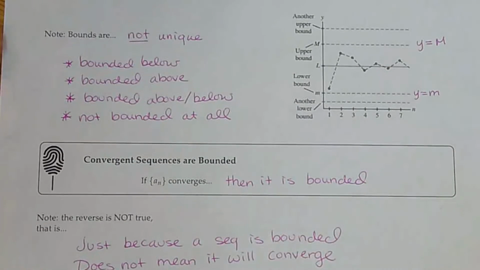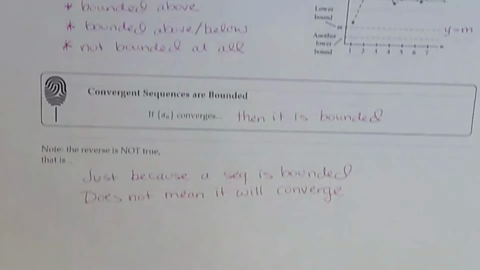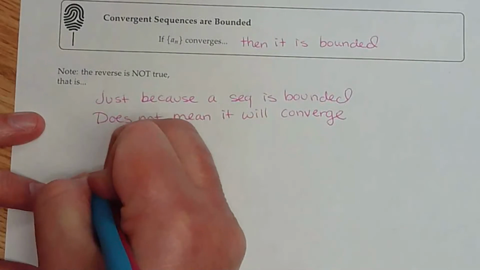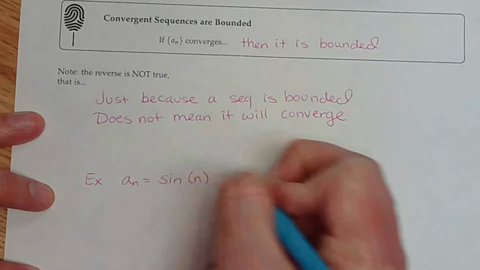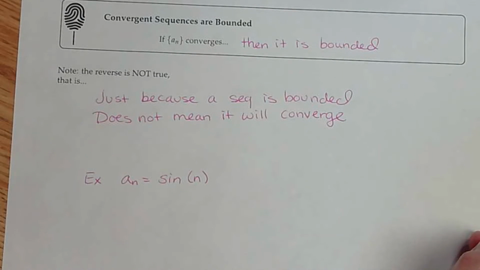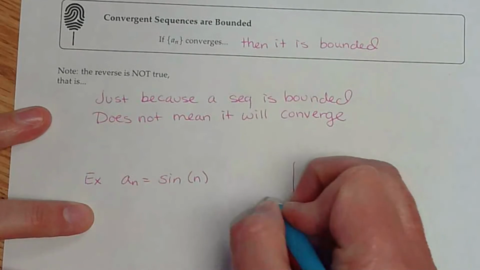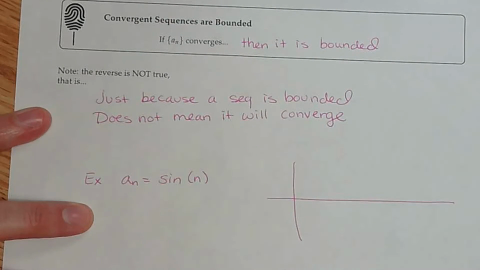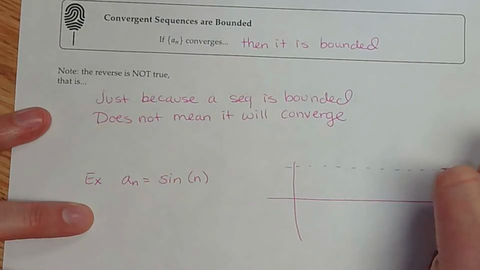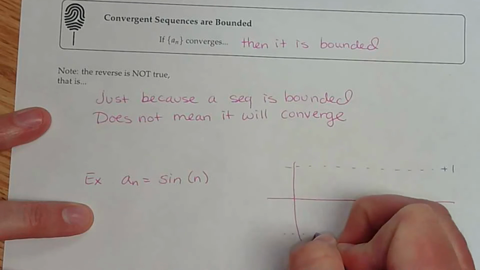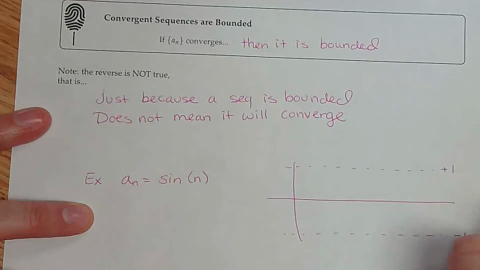Suppose I was interested in the sequence a sub n is equal to sine of n. I know that sine is bounded above and below by -1 and +1. Let's put some bounds in here. Here's my +1 and here's my -1.